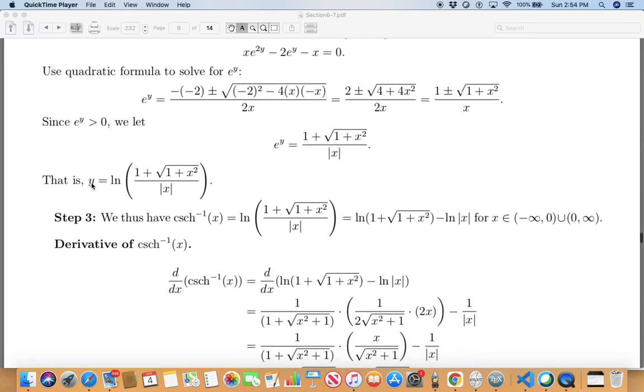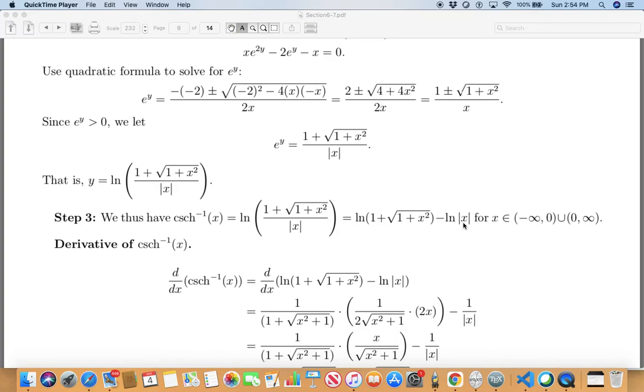So we have identified cosecant hyperbolic inverse to be the natural log of this expression with absolute value x in the bottom, which is the same as the natural log of the numerator minus the natural log of the absolute value x, and all of this is defined for every x that's non-zero.